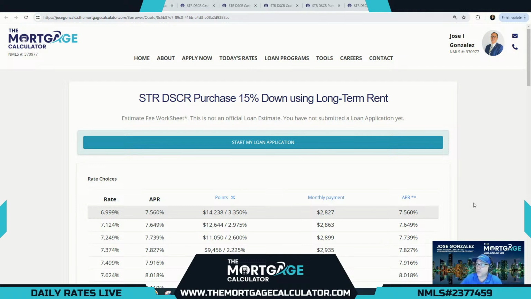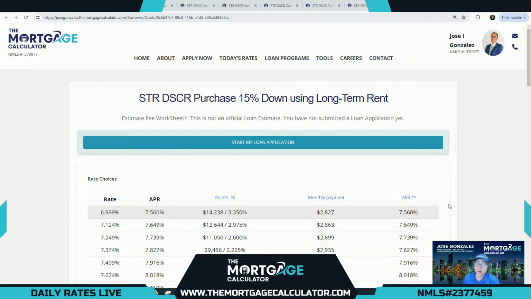First way, which would be the lowest down payment option, is if the property actually qualifies using the long-term rent. You're purchasing the property, right? You're not actually operating it yet as a short-term rental, and even if the current seller was operating it as a short-term rental, there's no requirement for you to operate it as a short-term rental when you take over.